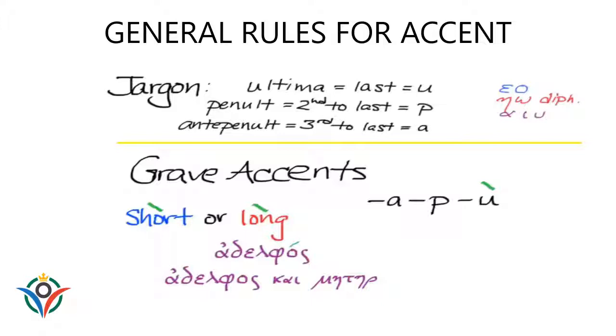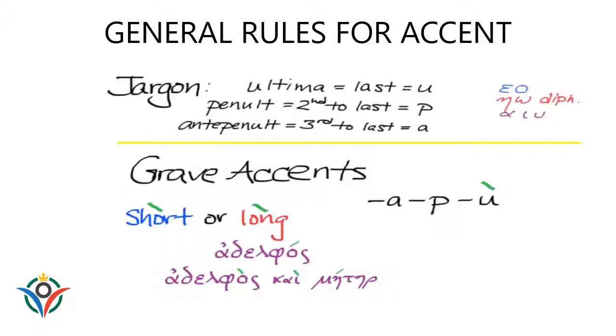It needs to change that acute to a grave. Same with kai, which has an acute in the dictionary, but in combination it changes to a grave because that's the last syllable. Mater's got an acute on the beginning of the word, and you don't have to worry about it with graves.